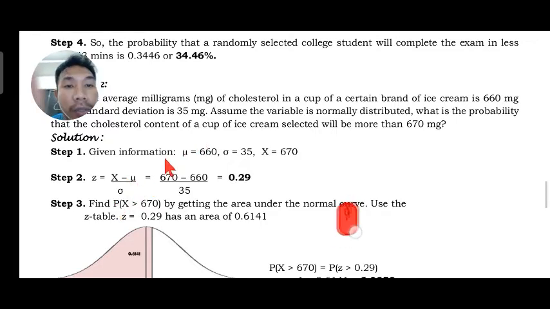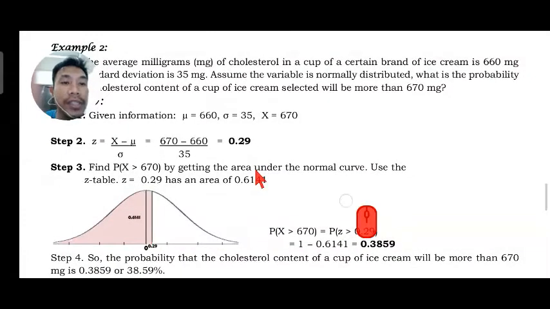So 670 minus 660 over 35 is equal to 0.29. That is our z-score.